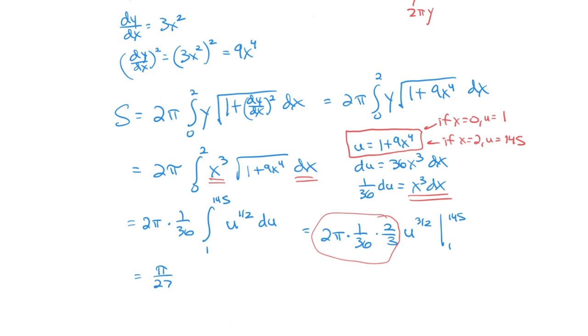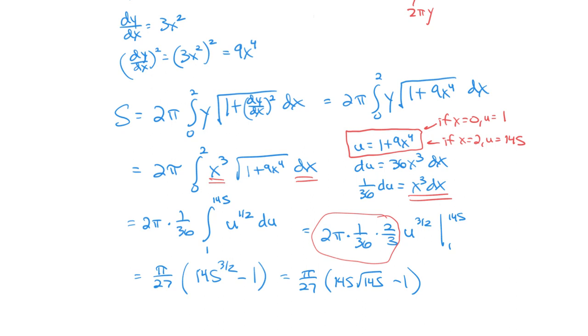And then we have u to the 3/2, and I plug in 145, so I get 145 to the 3/2 minus 1 to the 3/2. Or another way of writing this would be pi over 27 times 145 times the square root of 145 minus 1. Okay, so that's probably the way you would do this.